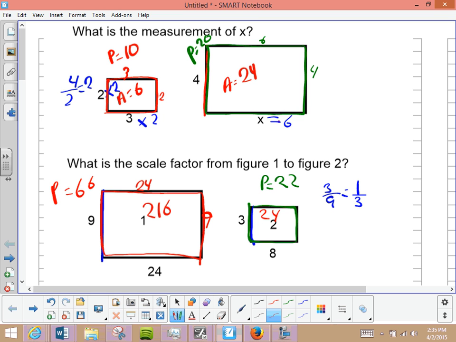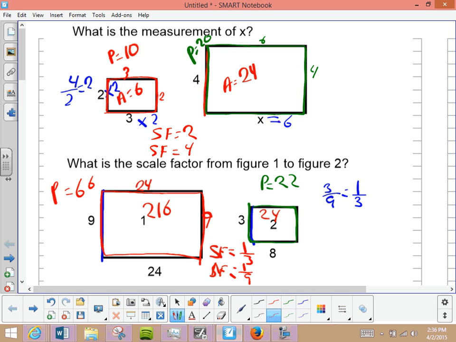Okay. So look at it. How do you get from 6 to 24? Times 4. Oh, wait a minute. So the scale factor was 2. But for the area, the scale factor seems to be 4. In this case, the scale factor was 1/3. For the area, I'm just going to tell you, the scale factor is 1/9.